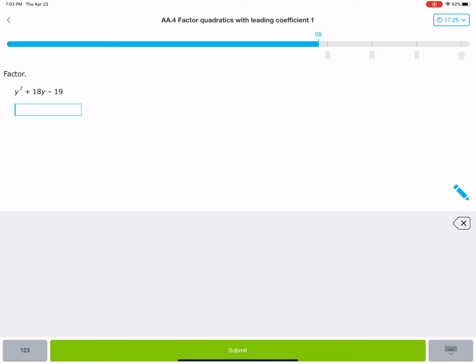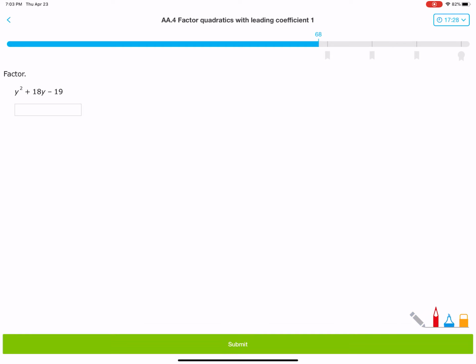Negative 19. To get a negative 19, there's only a couple ways. 1 times negative 19, or negative 1 times positive 19. I want a positive 18 as my answer, so that means I have to pick the second group there.